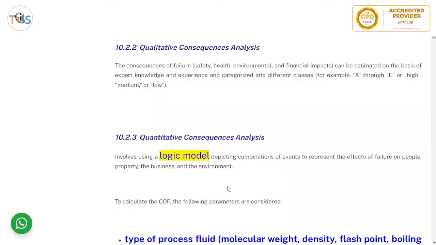Now, qualitative consequence analysis: the safety, health, environment, and financial impacts can be estimated on the basis of expert knowledge and experience and categorized into different classes. For example, A through E, or high, medium, or low.